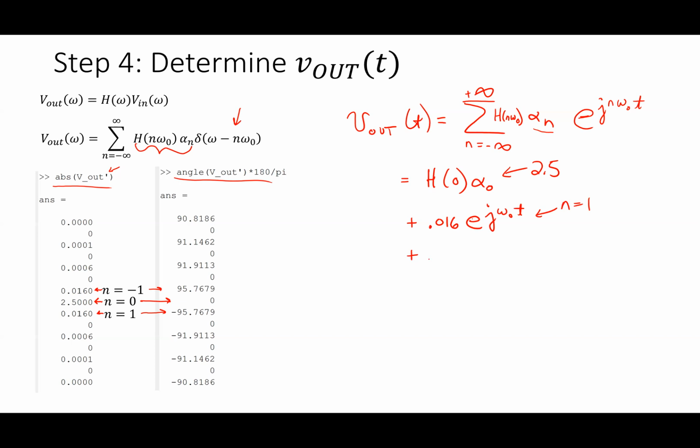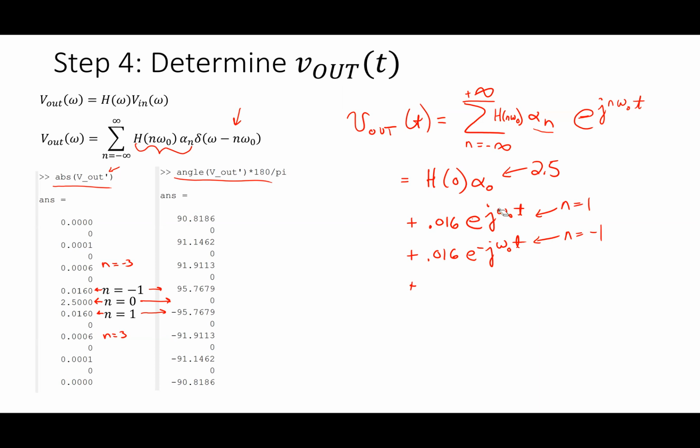And then I have 0.016 e to the negative j omega naught t. This is the n equals negative 1 term. Then I can keep going: at the n equals 3 term and the n equals negative 3 term, I've got some stuff as well.